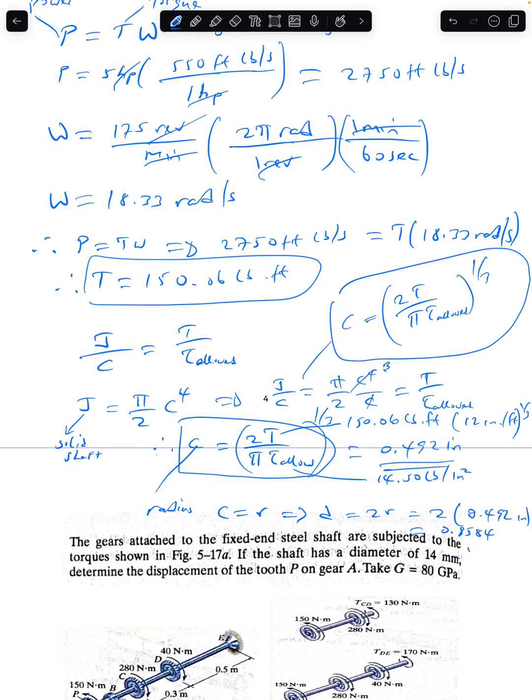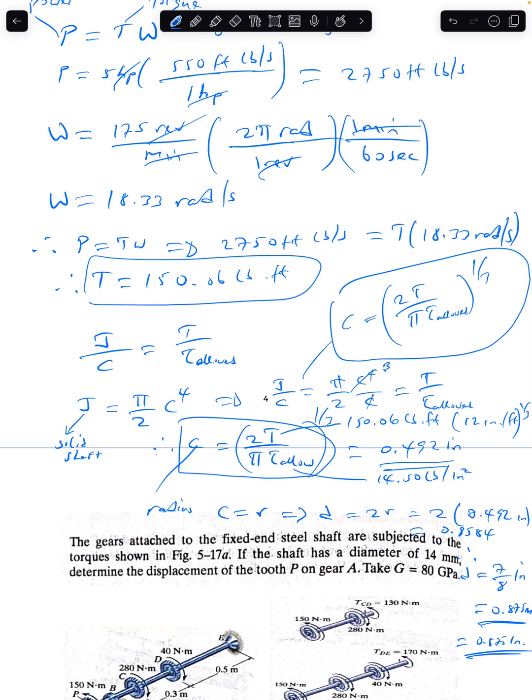Therefore, D can be 7/8 inch, which is going to be close to 0.875 inch. And that is the answer, which is equal to 0.875 inch.